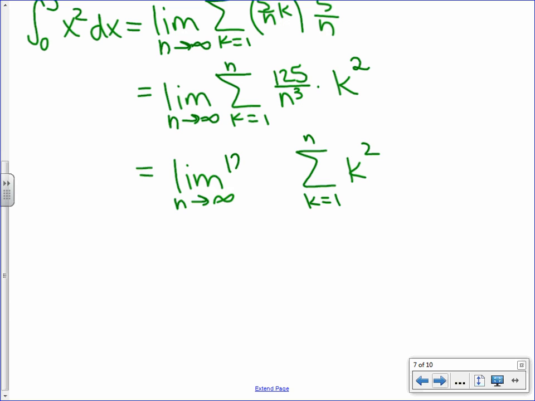Because we have 125, we need the 1 over n cubed to be with this summation, right? Sorry, I didn't write that out very well. The 1 over n cubed times the summation of k squared, that limit will always be 1/3.